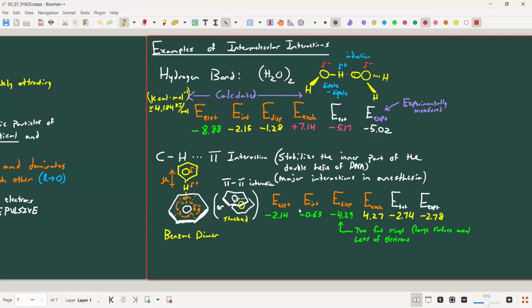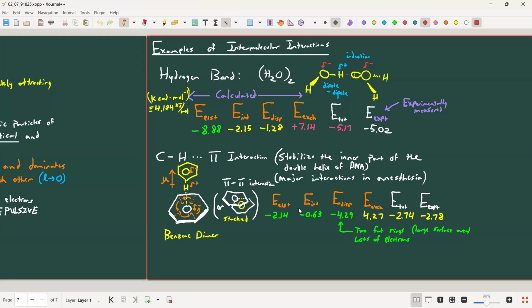And then again, because electrons and charges are moving back and forth, there's this biasing of electrons through induction that kicks on the exchange. Anytime you get an interaction that's stabilizing, that also increases the probability for exchange. They come hand in hand. So as these numbers get more negative and more stabilizing, this one gets larger as well.